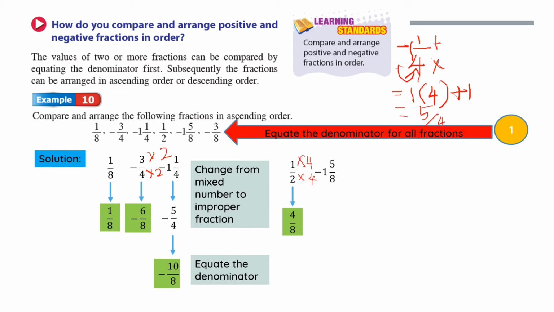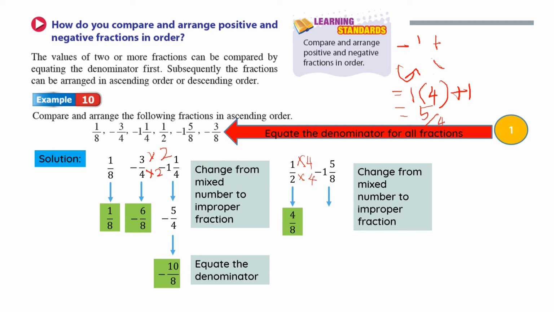Next is negative 1, 5 over 8. This is another mixed number that we need to change from mixed number to improper fraction. Negative 1, 5 over 8.